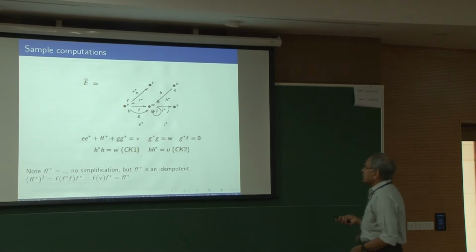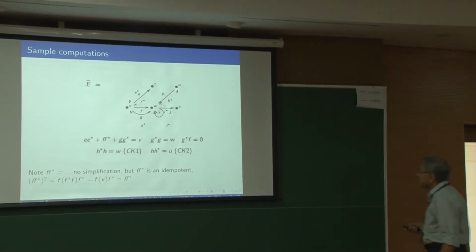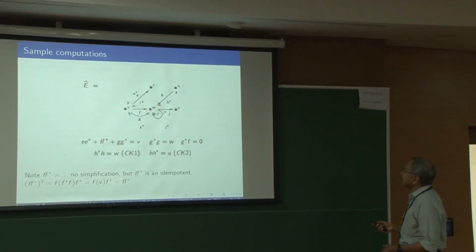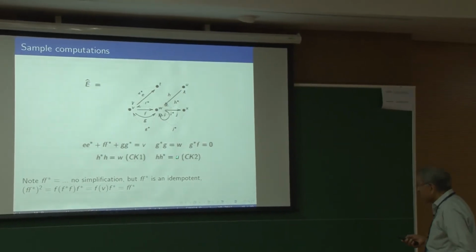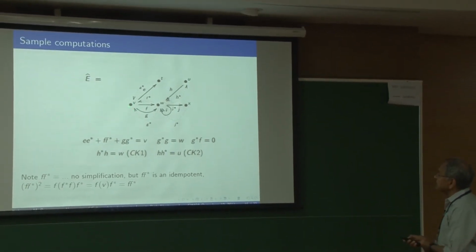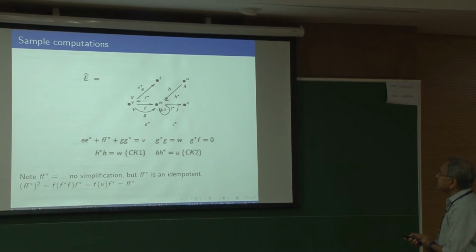Okay. And a quick little computation to understand it. For instance, here is the original double graph. Here is a vertex V. How many edges does it emit? Here is one edge, there is another edge. I have E, F, and G. It emits three edges. So E E star plus F F star plus G G star will be that vertex V. That's condition CK2.